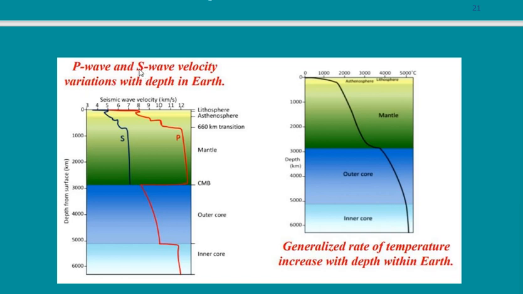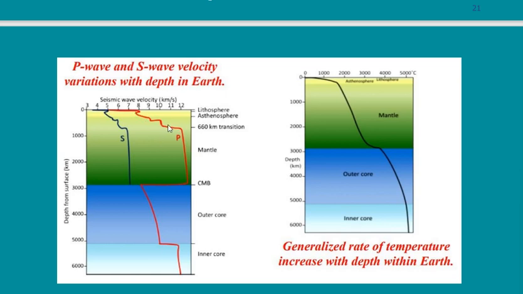They are both the same, because primary waves mainly depend on pressure, secondary waves mainly depend on shear. So P wave and S wave, this is the velocity relative to depth.